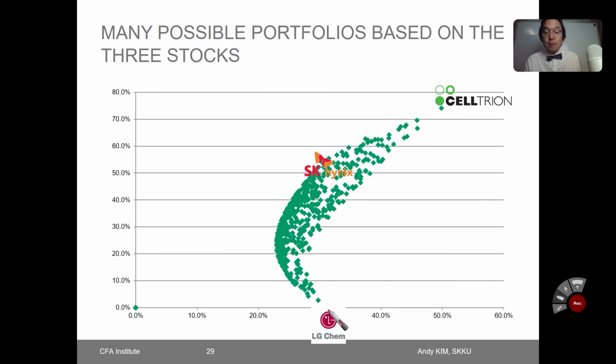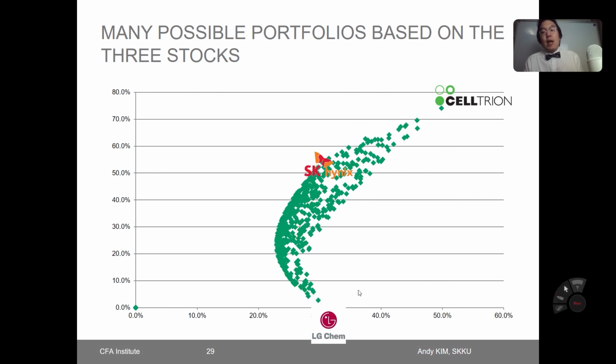Let's say, for example, if I form a portfolio based on LG Chem and Celltrion only, 2 stocks, a possible portfolio will form something like this. Their returns will be like this. But as I include SK Hynix, this efficient area expands. So that's something worth noticing.